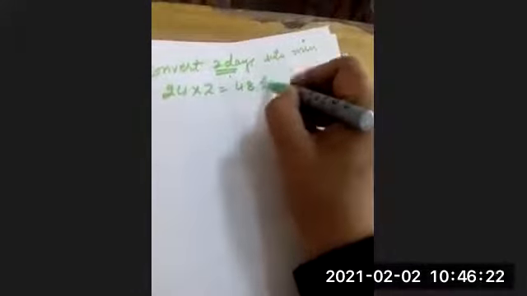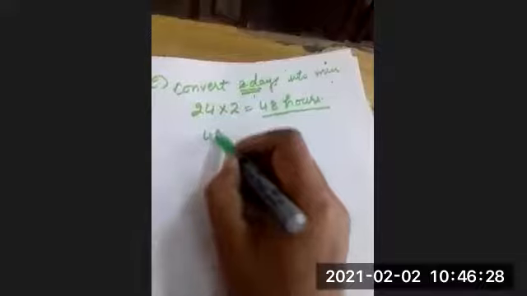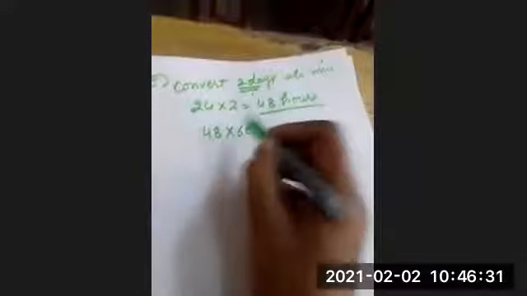To convert days into minutes, first we will convert days into hours. So in one day we have 24 hours. In 2 days, 24 into 2, we have 48 hours. Now convert 48 hours into minutes. 48 into 60.